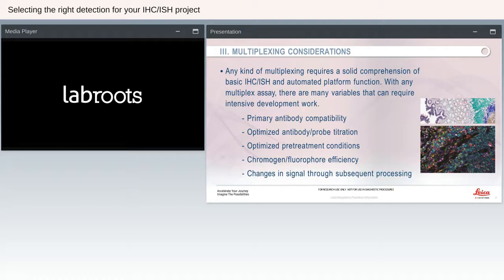Primary antibody compatibility is a primary concern. Then we've got optimizing your antibody or probe titration, optimizing your pretreatment conditions, chromogenic and fluorophore efficiency, and changes in signal through subsequent processing. So we will take those one at a time here.